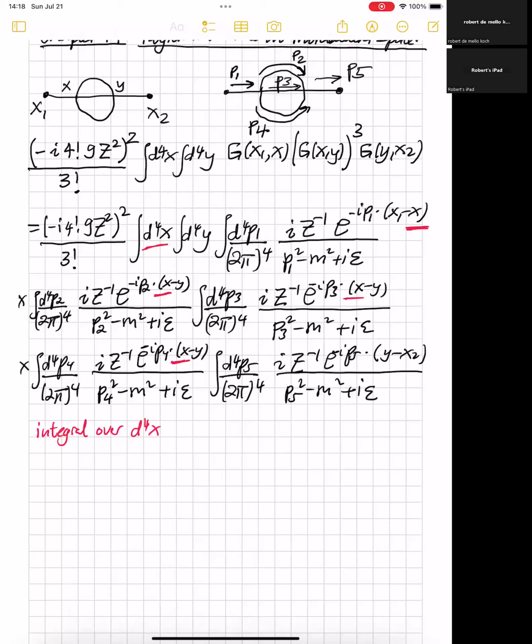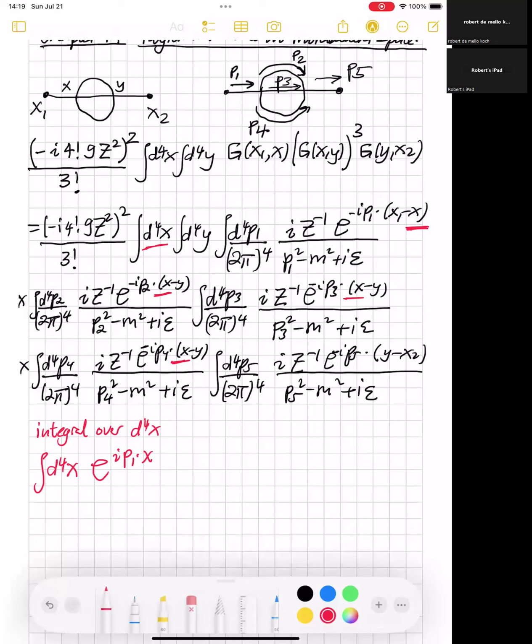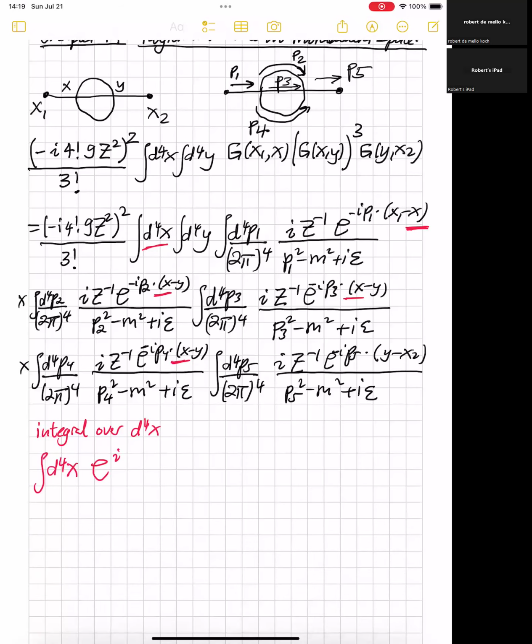So what do we have? Well, we've got an integral d4x, and now I'm just going to collect together these exponentials. So we've got an e to the i P1 dotted into x. Then, in fact, let me write this in a slightly nicer way. I want to write this as x dotted into: from the first exponential, we've got P1.